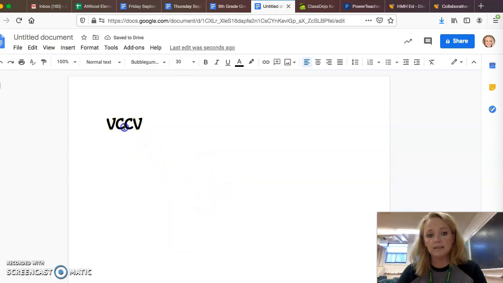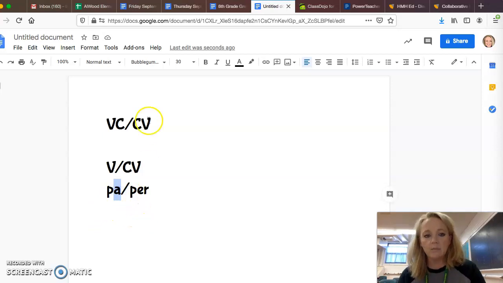We split it between the two consonants. That's how we break the syllables apart. When we have vowel, consonant, vowel in a word, we break it in front of the consonant, and this part of the word is a long vowel sound. An example for vowel consonant vowel would be paper. We have a vowel A, we have a consonant P, and we have a vowel E. So we would cut it in front of the consonant P, and we do have a long A in paper.